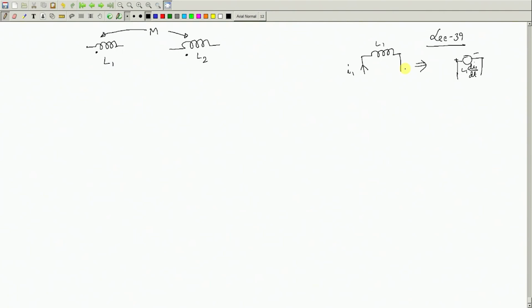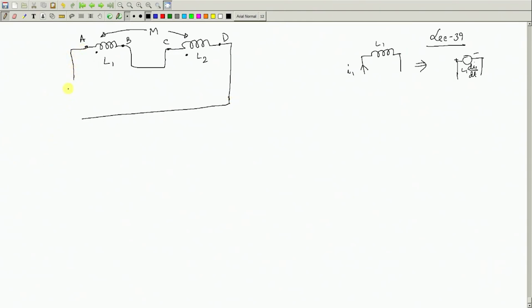Now, let us take a concrete example. Suppose these two coils I have connected, and the terminals of these two coils are A, B and C, D, and these two coils are connected in series like this, so that it will strengthen your concept of dot convention.